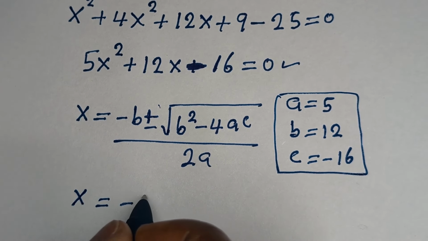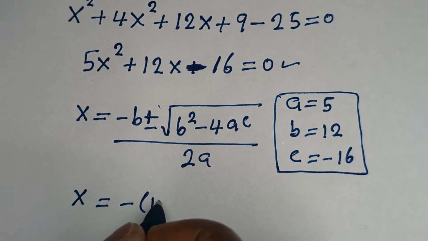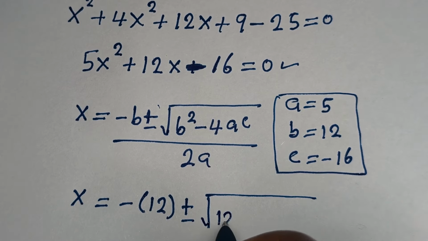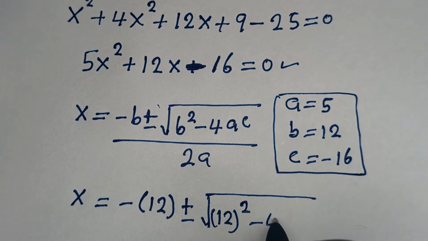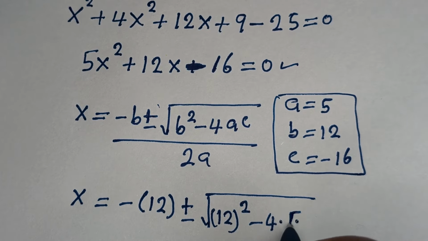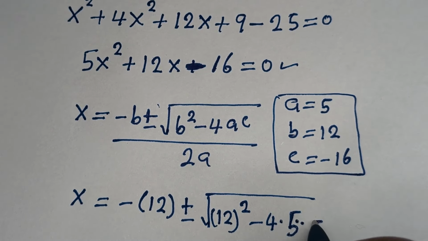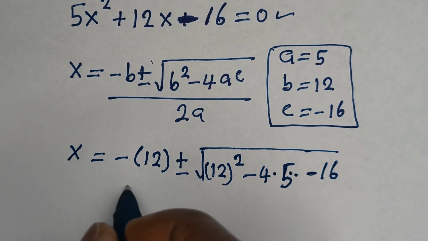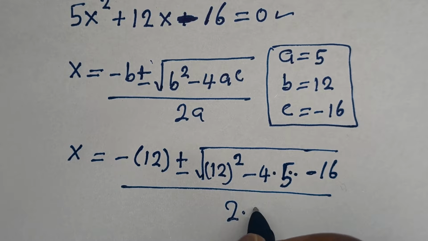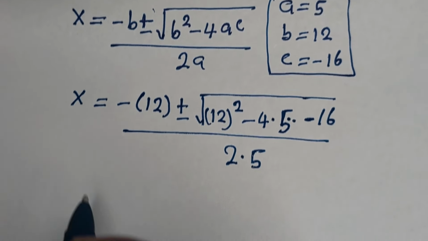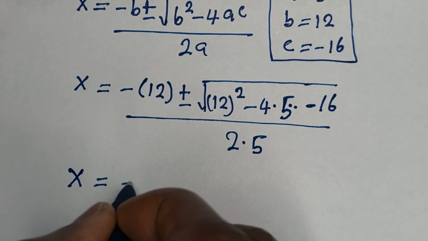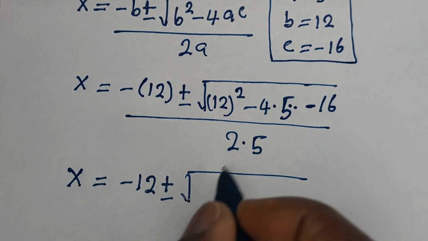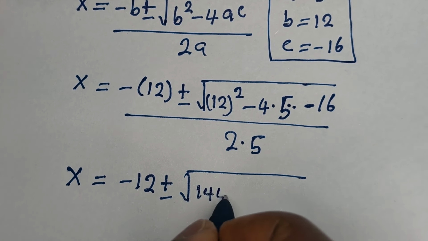x is equal to minus (12) plus or minus square root of 12 squared minus 4 multiplied by 1 multiplied by 5 multiplied by minus 16, over 2 multiplied by 5. x is equal to minus 12 plus or minus square root of 12 squared, that is 144.